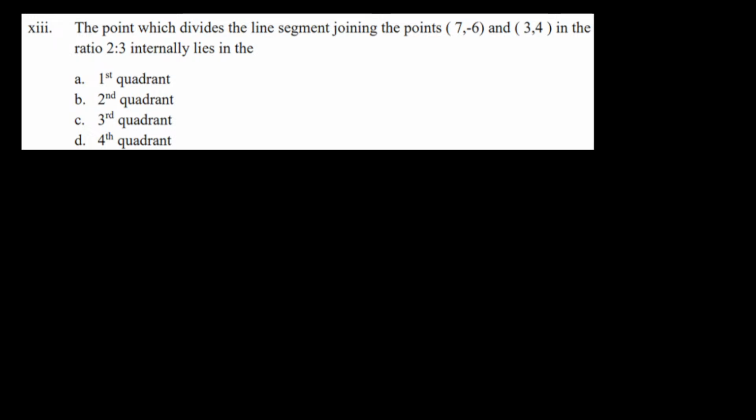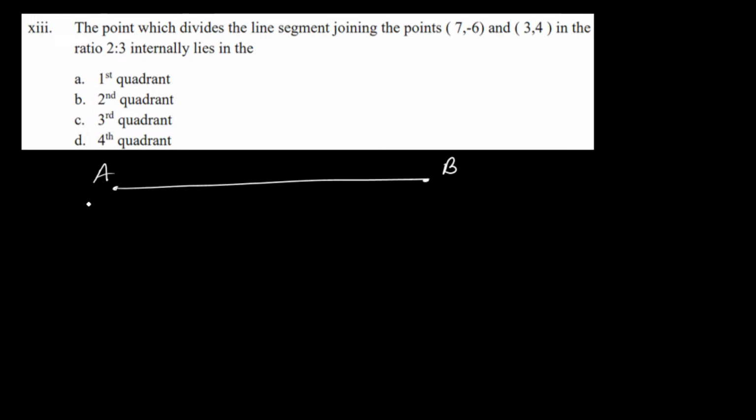So this is a question on section and midpoint formula. What is given to us? The point which divides a line segment in the ratio internally lies. So one line segment is there, suppose this line segment AB.